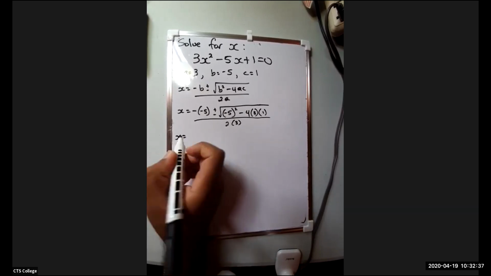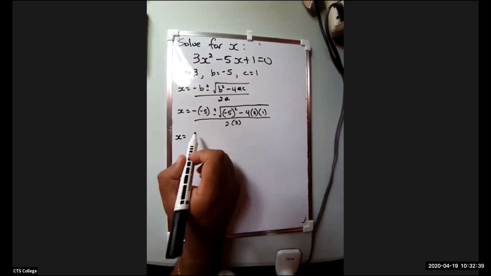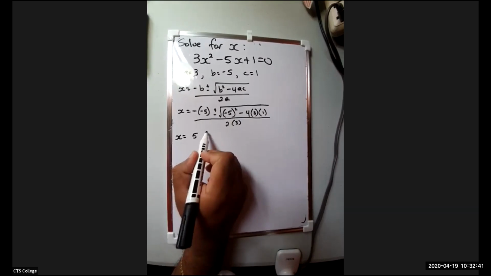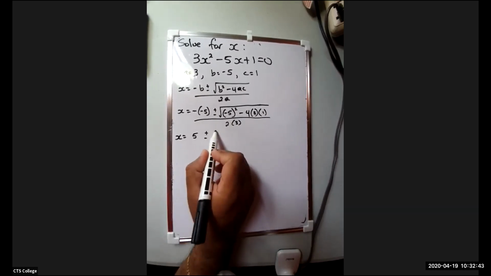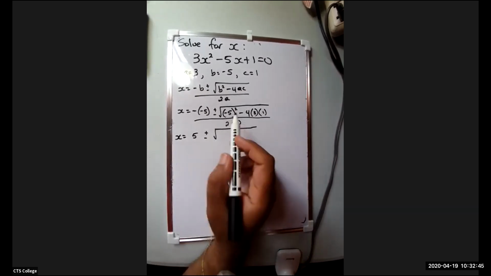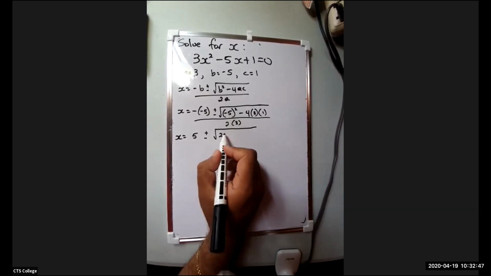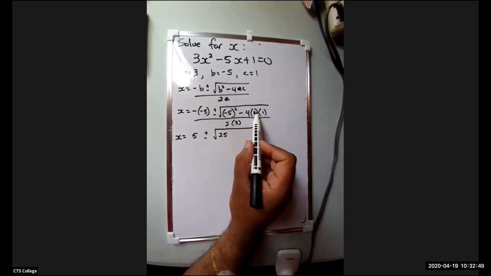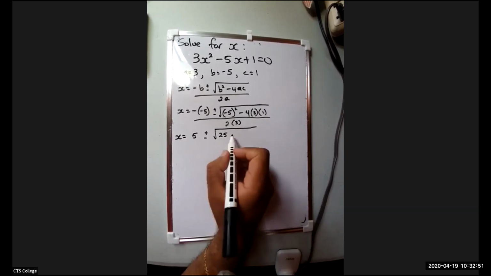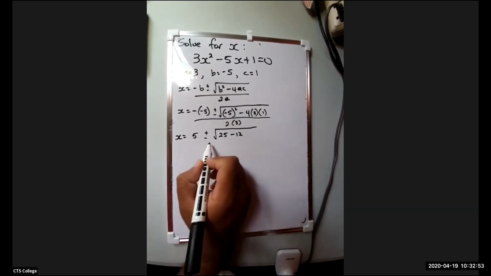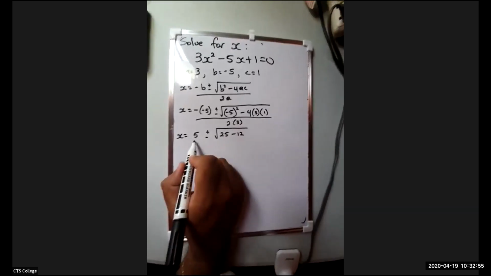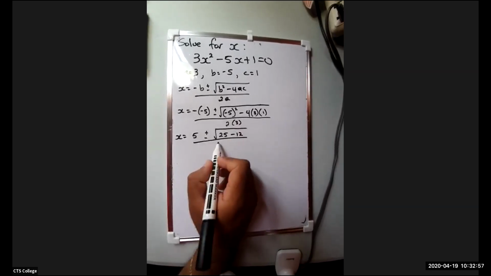So x equals a negative and a negative is a positive, so we get +5 plus or minus the square root. -5 squared is +25, minus 4 by 3 is 12, minus 12 by 1 is -12, all over 2 by 3 is 6.